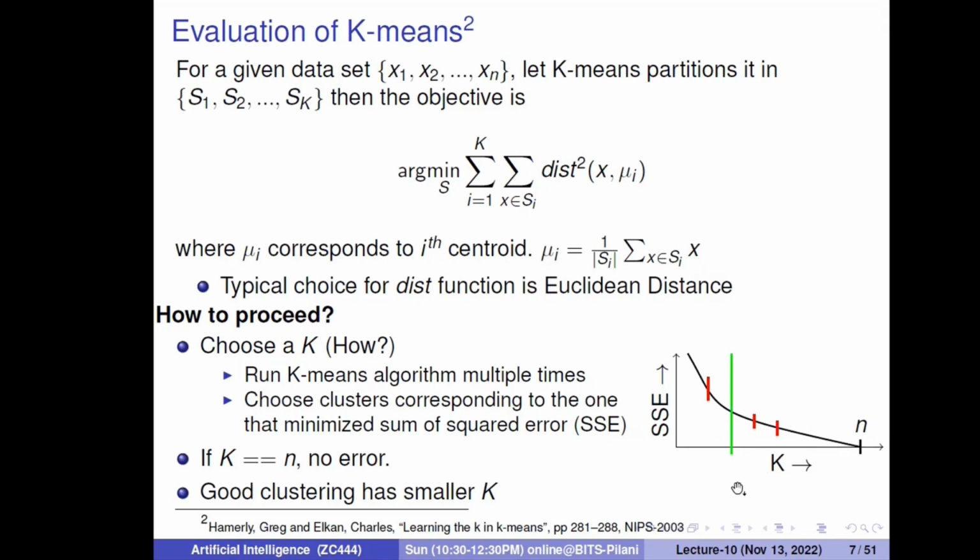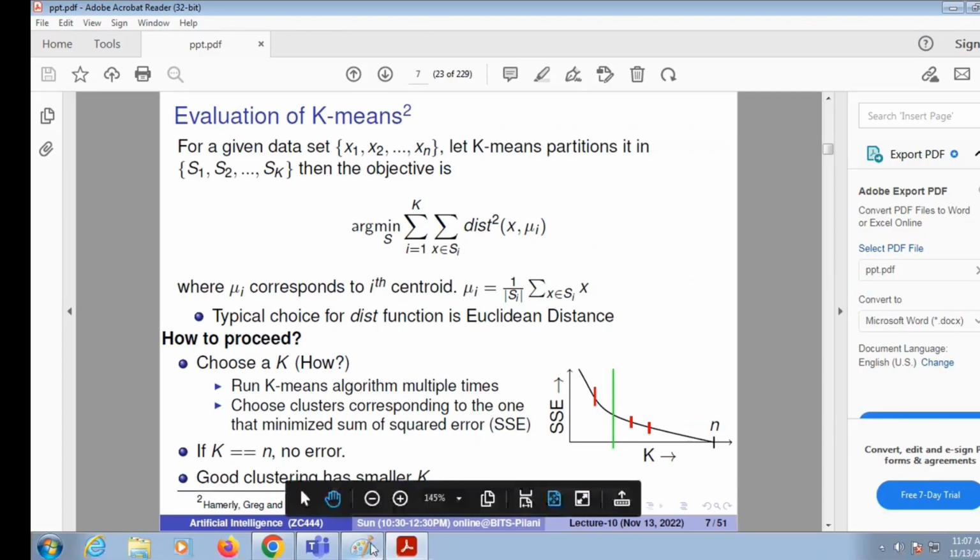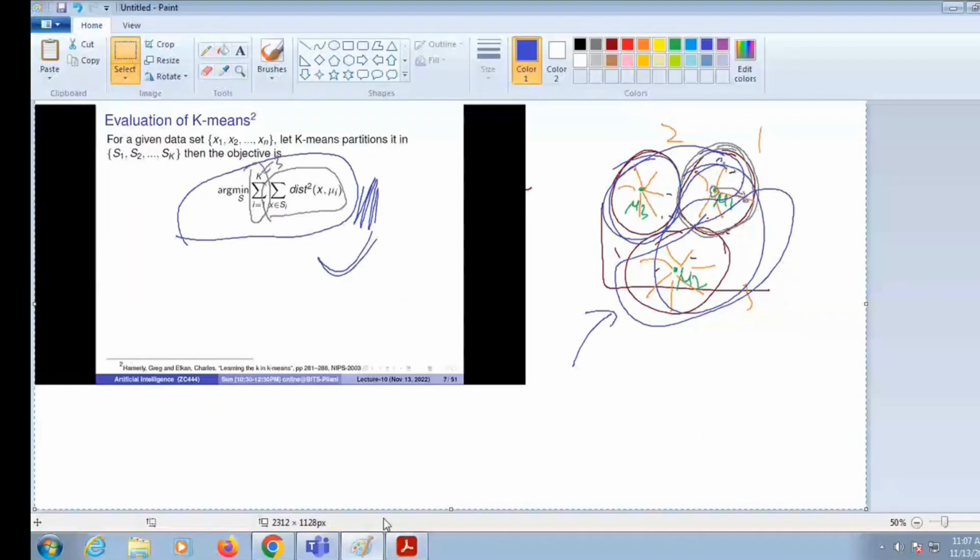How can you measure that particular point? One method is the elbow method, where you plot this curve with respect to k. At the place where you see this kind of behavior, this is called the elbow behavior. Do you understand this elbow?